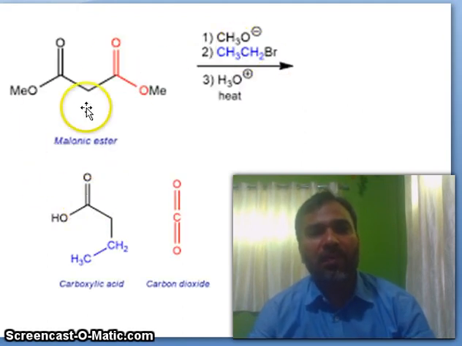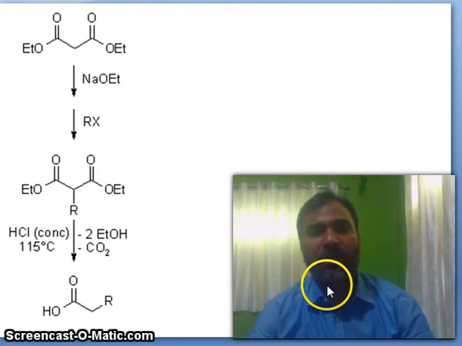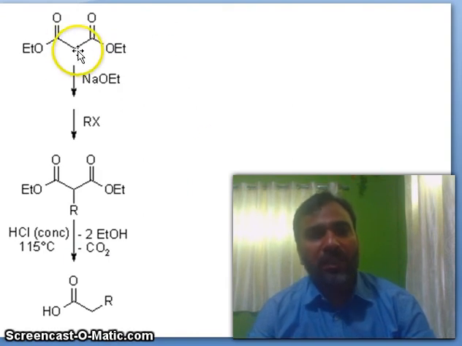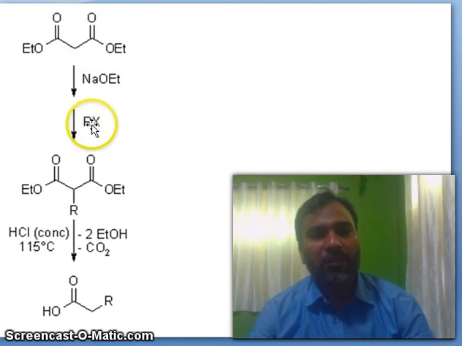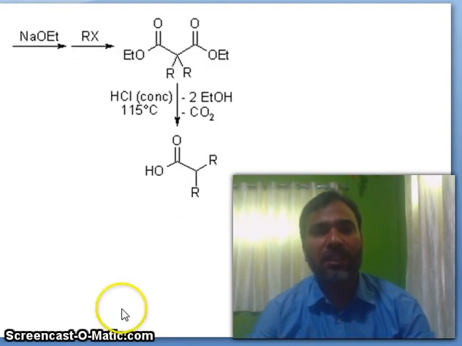Further with malonic ester, you just concentrate on this center, base and ethyl bromide will attach here. Further hydrolysis and heating, you will get the carboxylic acid and carbon dioxide. Same, this CH2 group reacts with the base, malonic ester, subsequent alkyl halide gives monosubstitution, on hydrolysis and heating you will get the monosubstituted carboxylic acid.